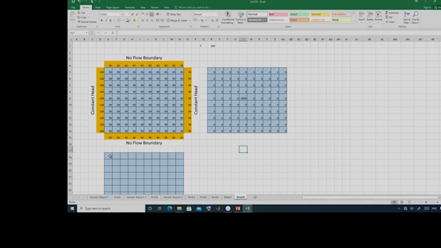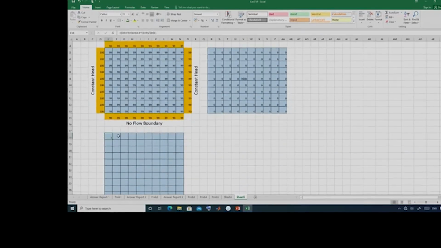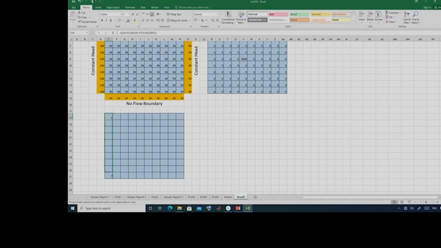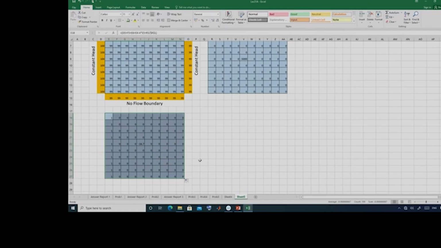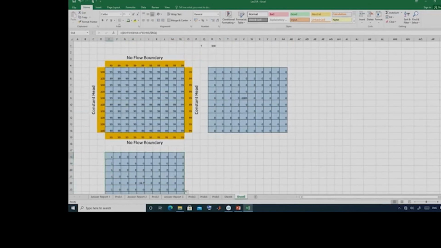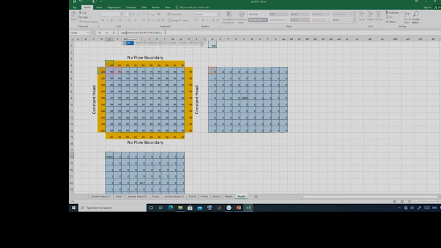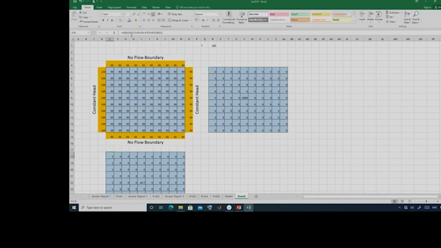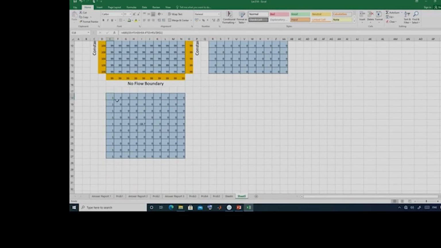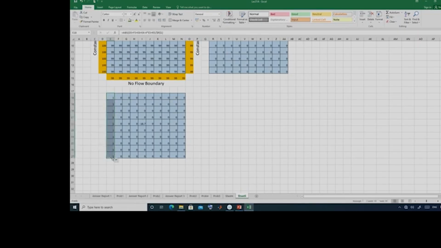So, now let me write this equation. I am just copying this equation. Before that I have to put the absolute sign here, ABS. If I put the absolute value, you can put absolute or you can put square also.